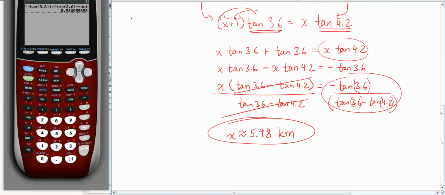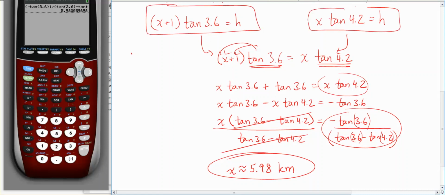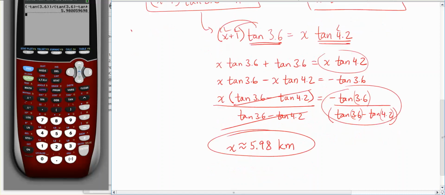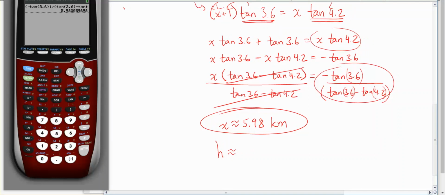Well, it's not too hard to get the height at this point, because you could either use this or this. So I'll use the second one because that's easier. So X tan 4.2 equals H. So H is about, hold on one second.